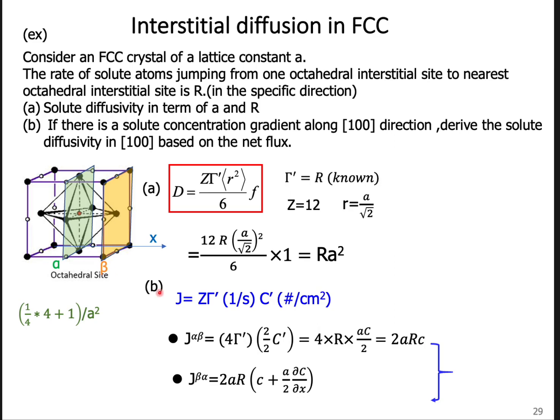So use C plus a over 2 times the concentration gradient along X, and minus, to get the net flux. So the same results here: you get the same values for solute diffusivity as what you got in answer A, right? It's the same.